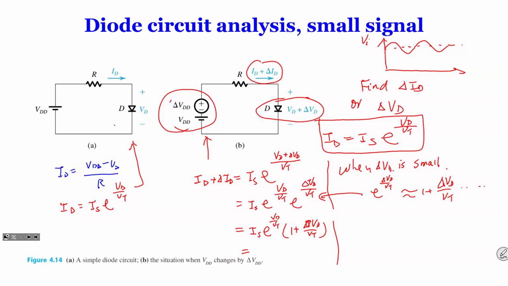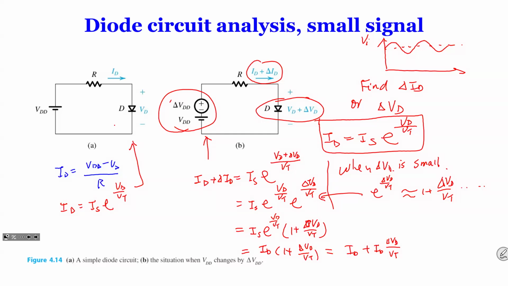This actually is ID, right? So we can plug in ID and multiply by this one, which means this is going to be ID times 1 plus delta VD over VT, equal to ID plus ID times delta VD over VT.